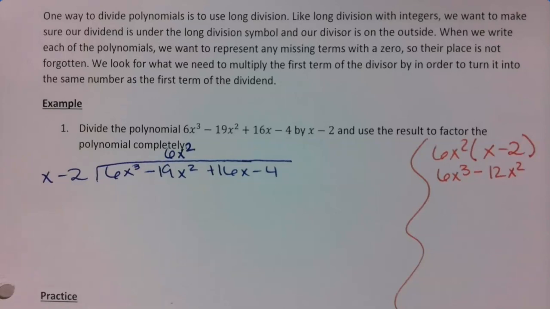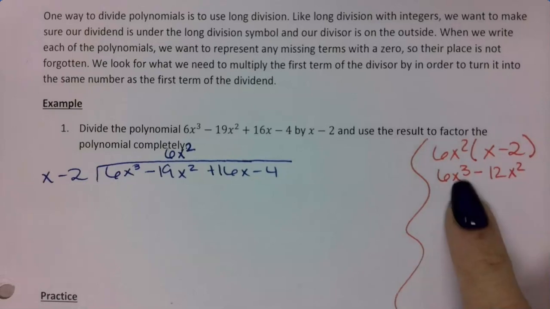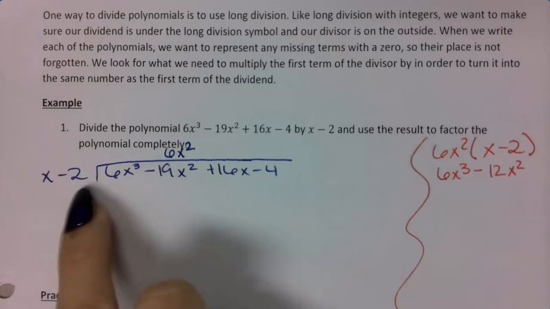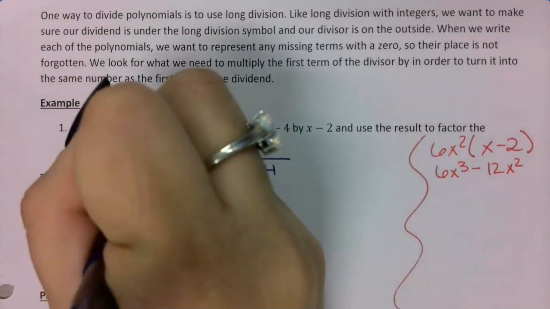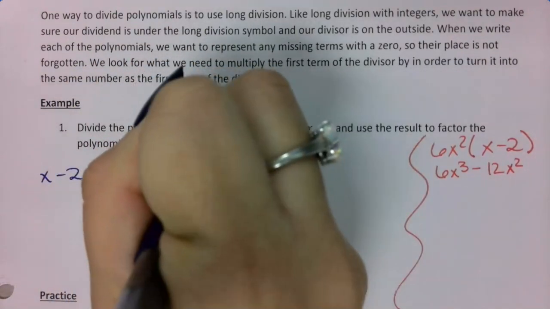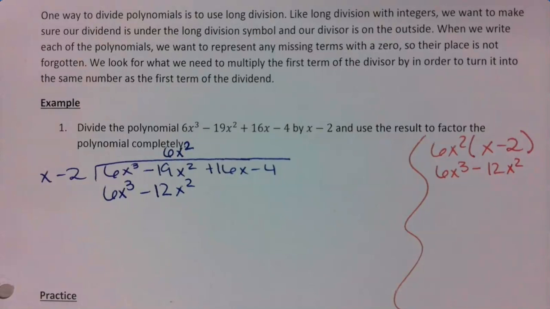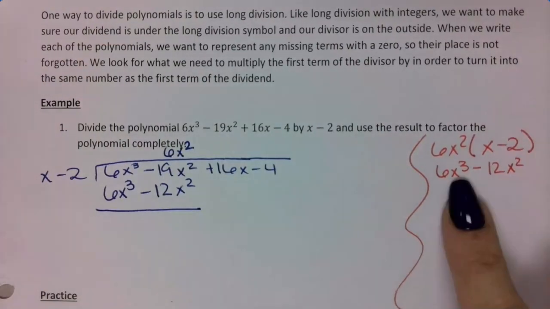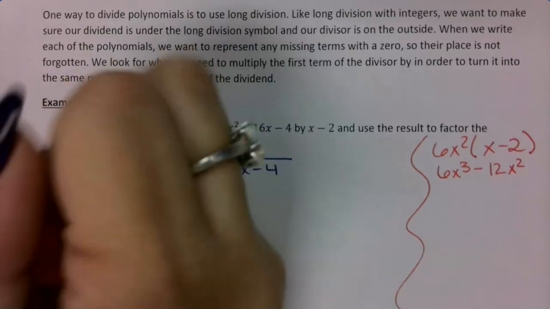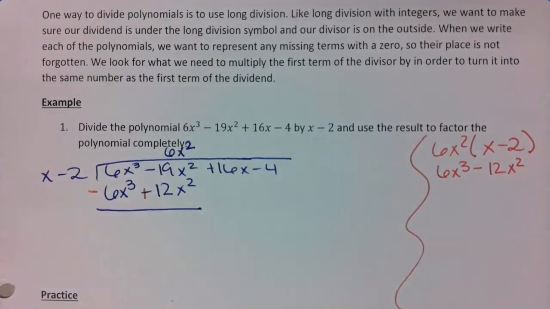And then I want to write this part underneath, and I will subtract it out. So when I multiply, I always want to get it to match, and then I change my signs to subtract it out.